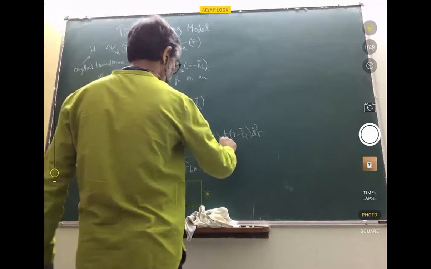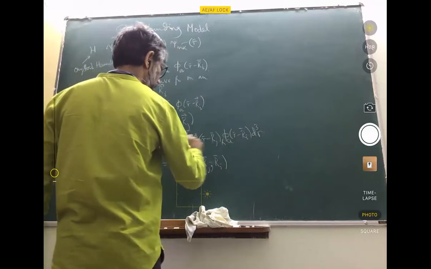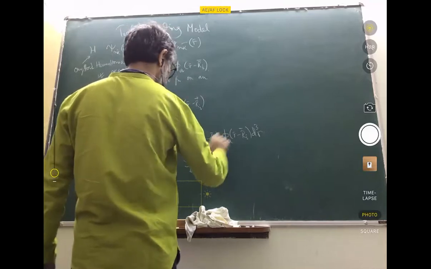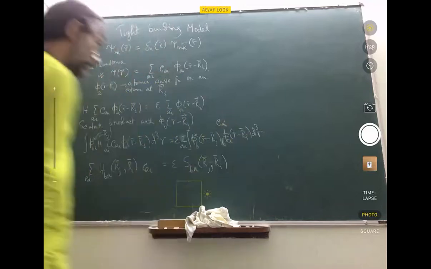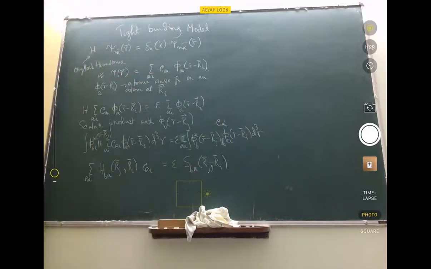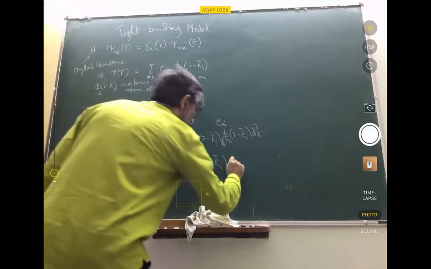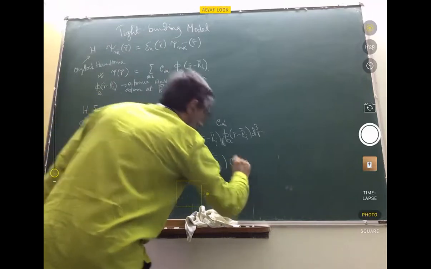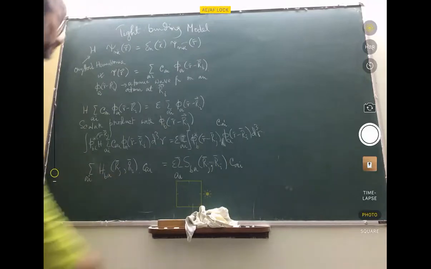There was a sum over a, i and c a i. Okay, so what are these quantities? This is just the matrix element of the Hamiltonian.